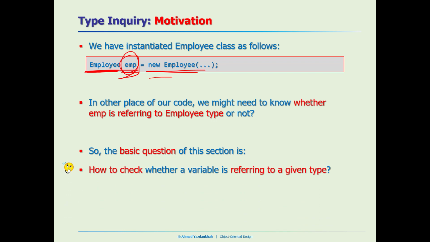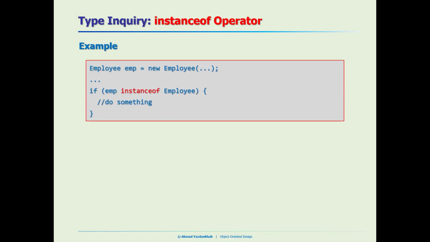In general, we can ask this question. We have a variable and we want to know whether or not it is referring to a given type. For this purpose, we can use an operator that we call the instanceof operator.